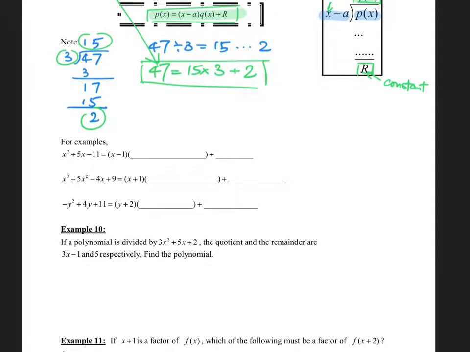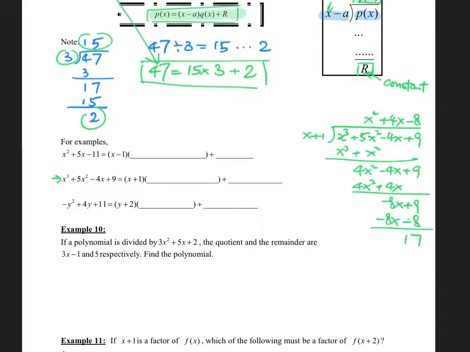Now take a look at one example which shows you how we use the division algorithm. Let's take the second one. In order to write the division algorithm, you can't avoid doing the division again. So it's x cubed plus 5x squared minus 4x plus 9 divided by x plus 1. Please pause the video for a few minutes until you complete the division. Okay, at the time you have done the question as well.